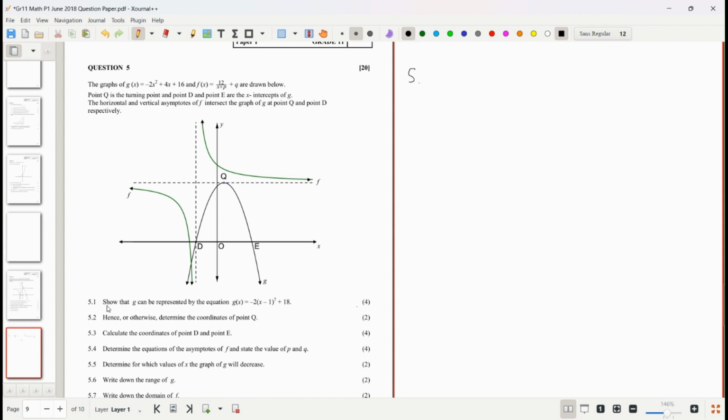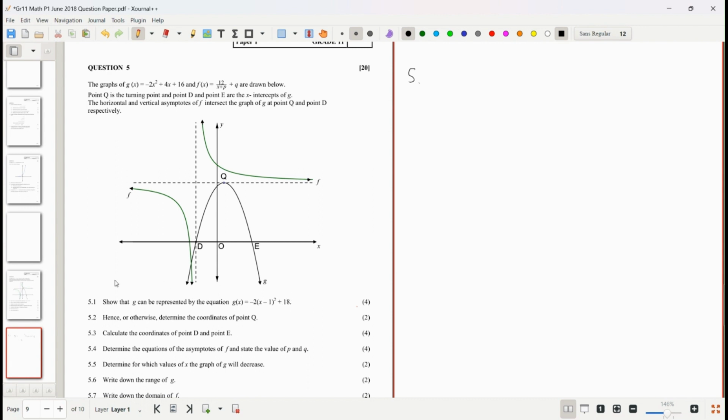They tell us to show that g can be represented by the equation minus 2 and then brackets x minus 1 squared plus 16 plus 18, sorry.